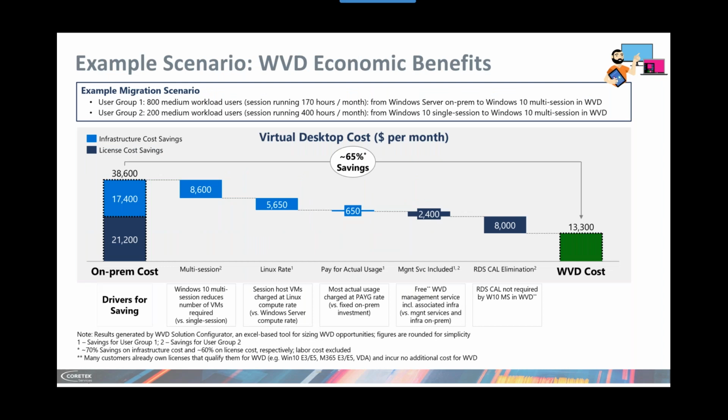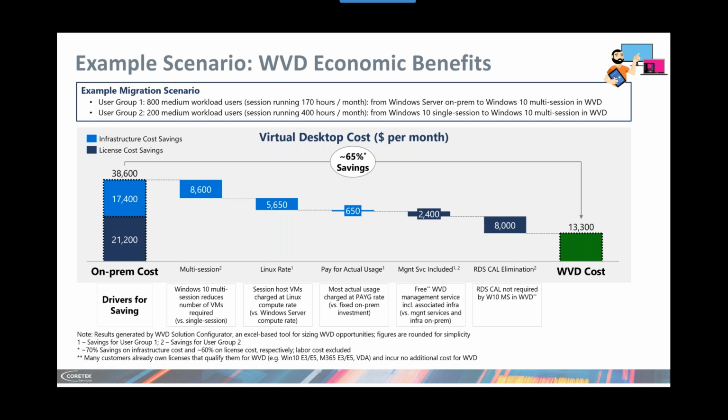A quick economic scenario with some benefits. So as we break off what the on-premise cost is and the drivers for savings, obviously if we can put multiple users on a single VM instance, imagine 6 to 12 users on a single IaaS instance running Windows 10 multi-session, there's an instant cost savings with that compute being better managed within a multi-session approach.